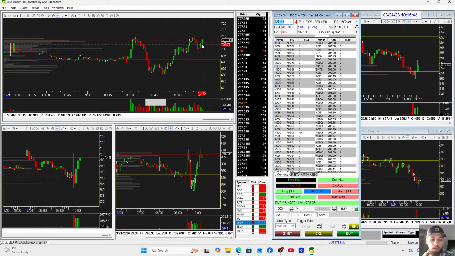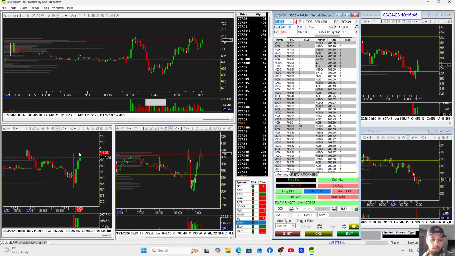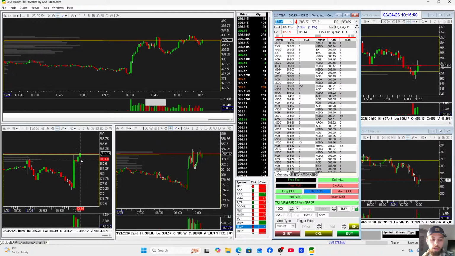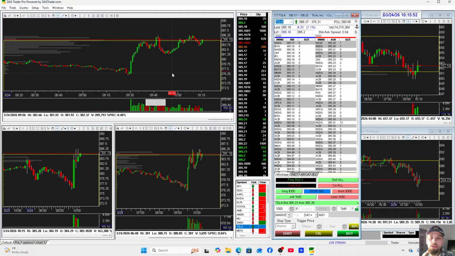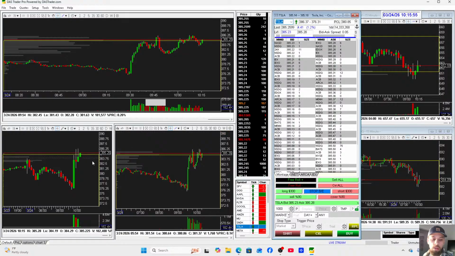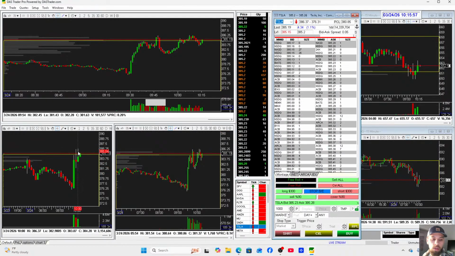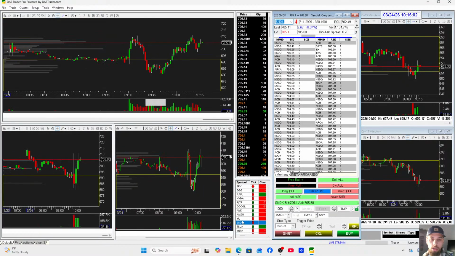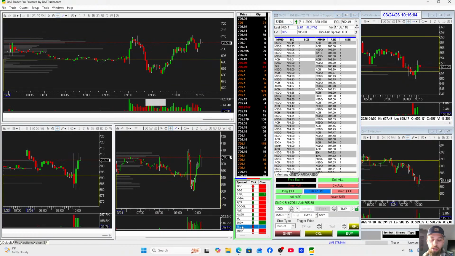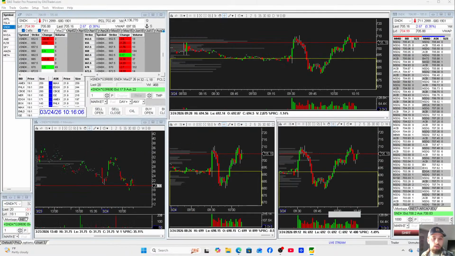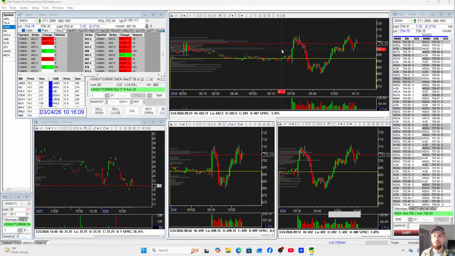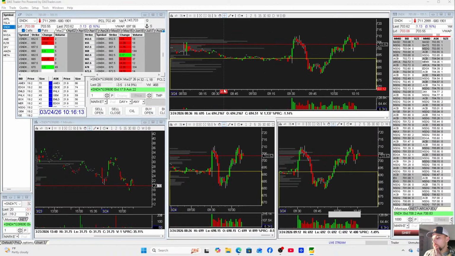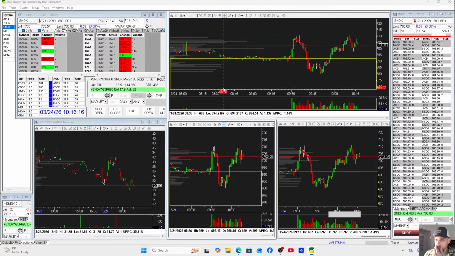SNDK thinking about going up again. It's definitely shown some good resistance around this 710 area. Let's see, Tesla showing a little bit of resistance as well around this area. Watching the SNDK.